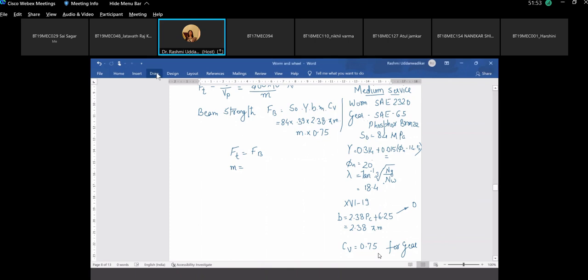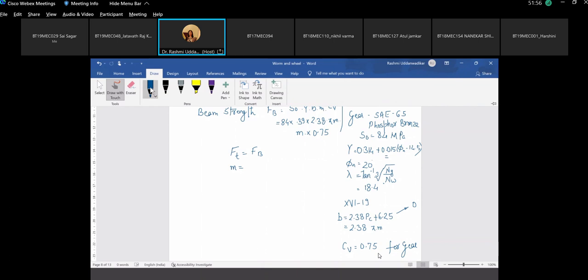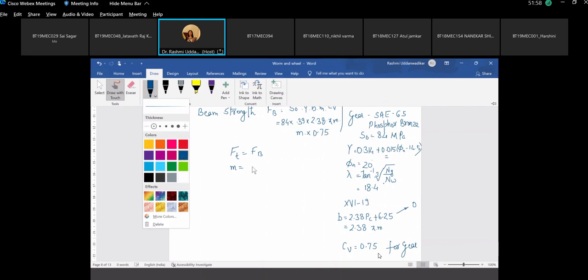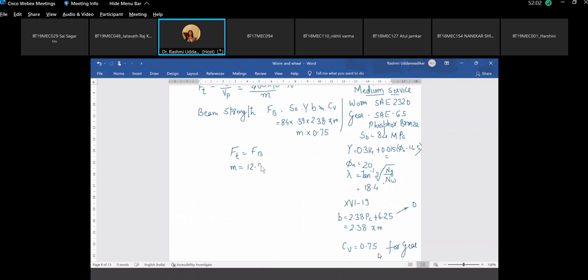What is the next standard value available in the design data book? Joel, refer to design data book. Next value available from the preferred choice. 16. So we'll go with M16.